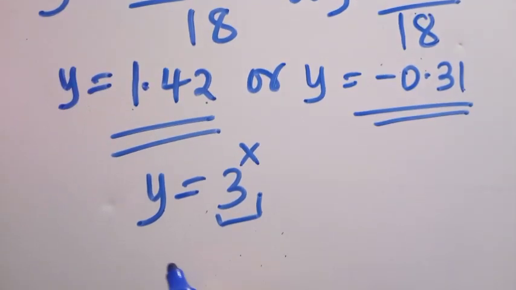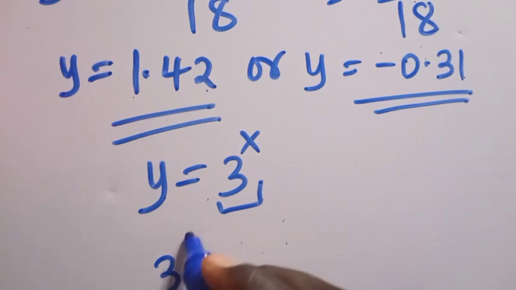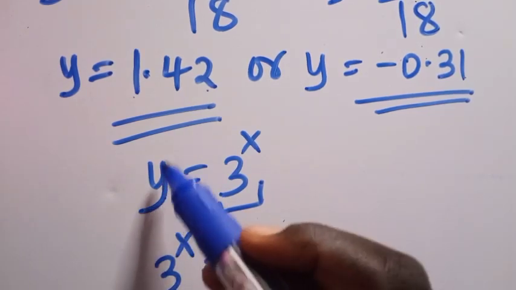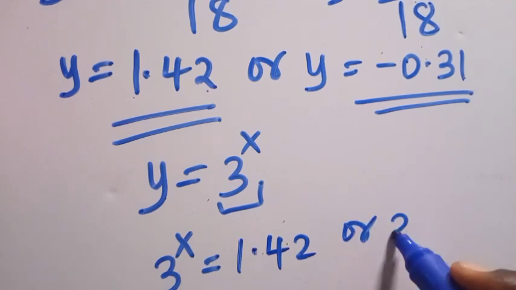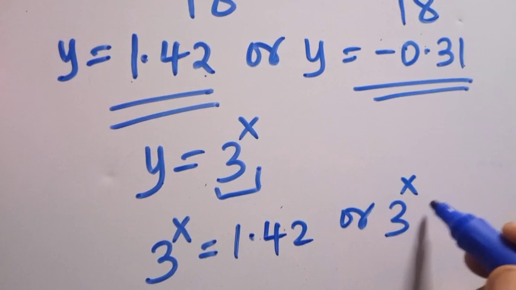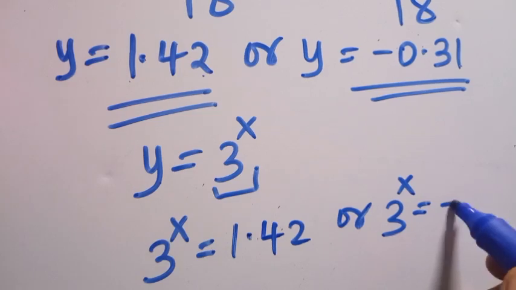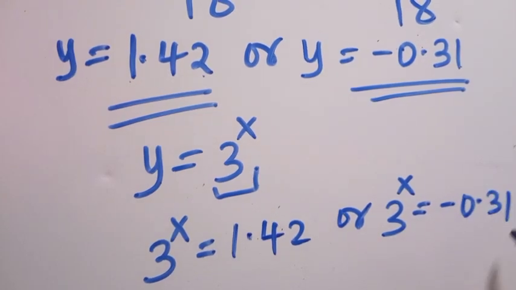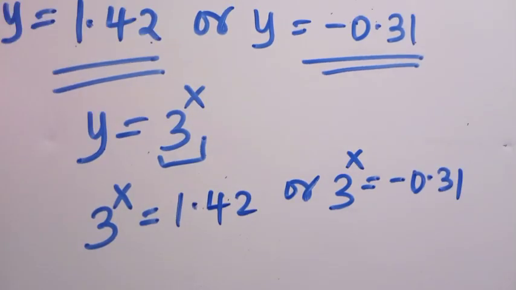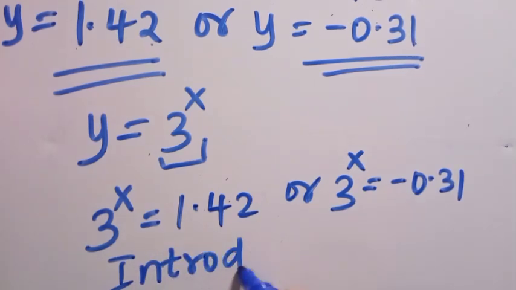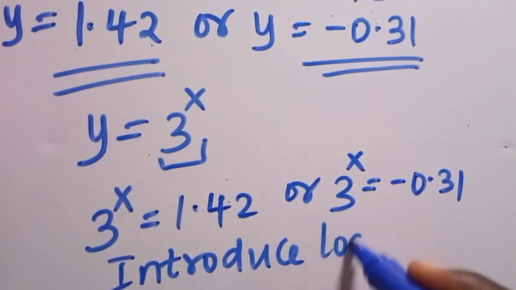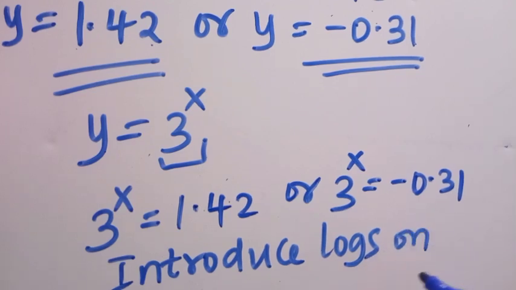And therefore, in this case, we shall have 3 raised to x equals, instead of y, 1.42, or 3 raised to x is this negative 0.31. Now, at this point, we need to obtain the value of x. That means we introduce logs on both sides.